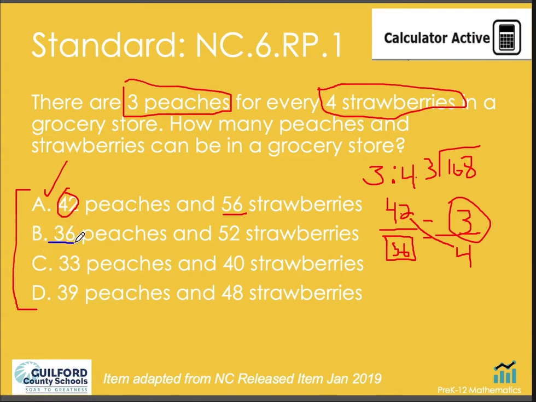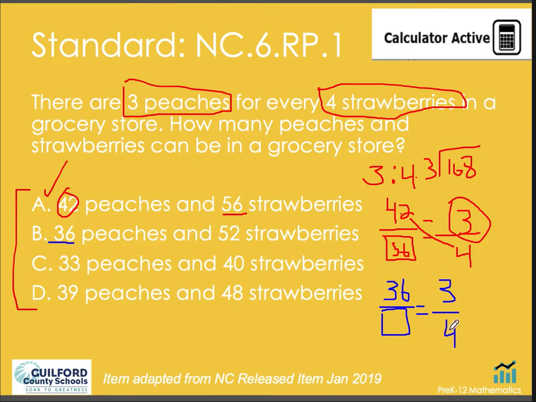So we're going to do 36 peaches. Again, I'm going to cross multiply 36. I'm going to find out if it is 52. I know we have 3 peaches for every 4 strawberries, and I'm going to cross multiply by multiplying 36 times 4. If you would pause this video, you can work it out and check your answer.